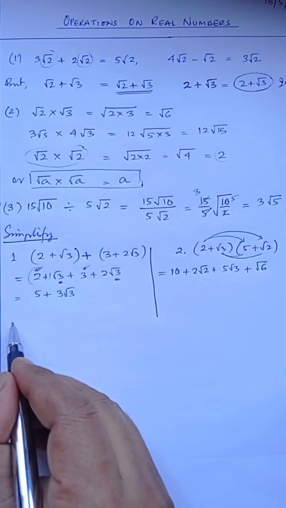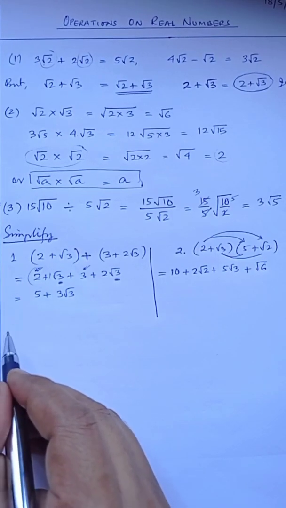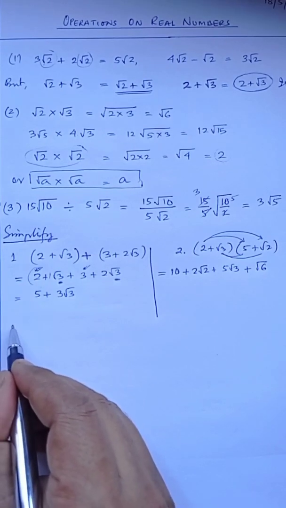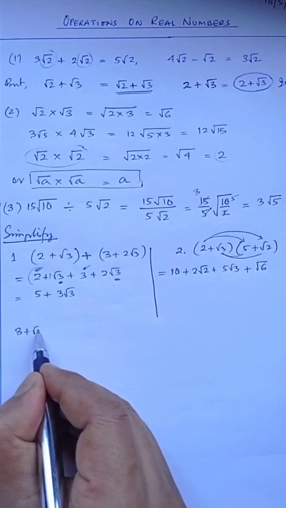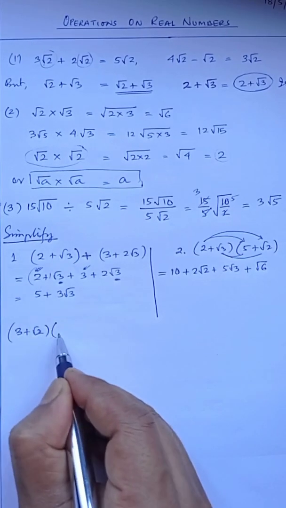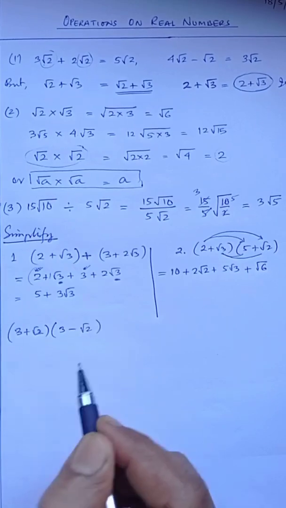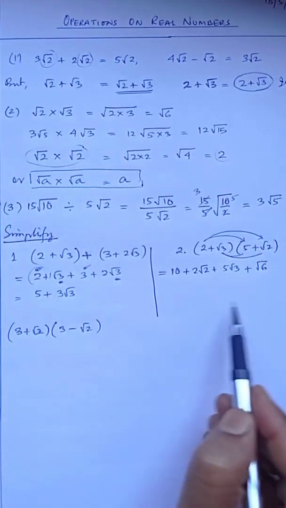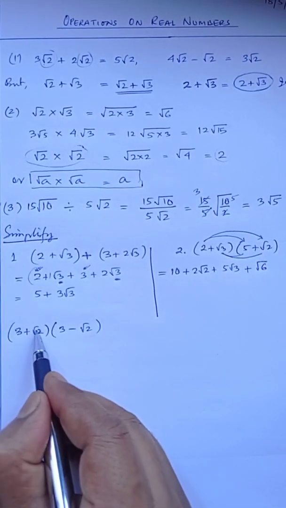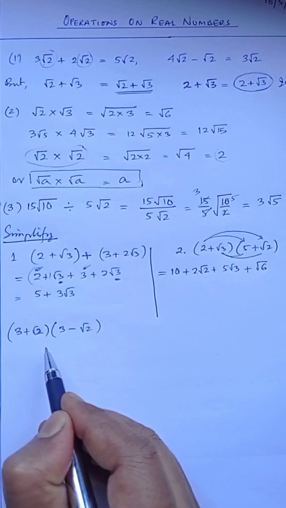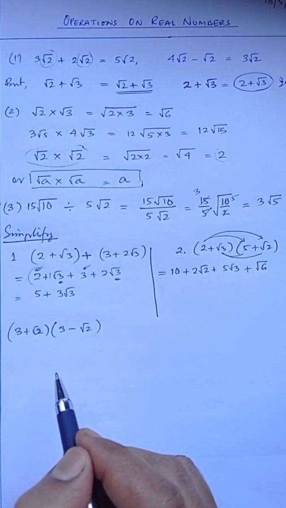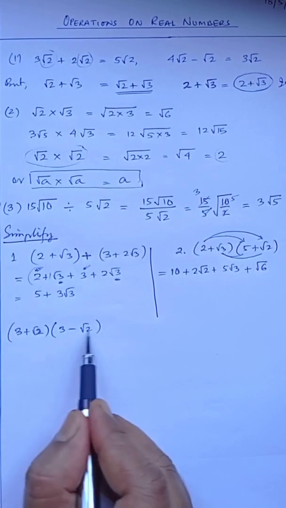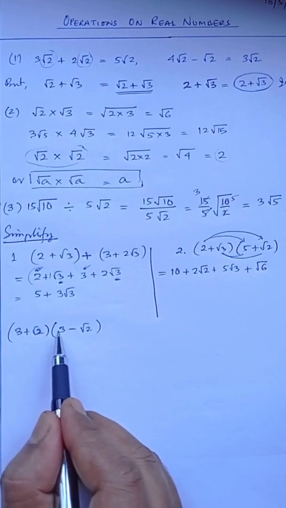What if the roots are of the same type? Like 3 plus root 2 and 3 minus root 2. Now if this is your question, if you solve it this way, it's going to take 2, 3 steps extra. In your previous class you have learned about the formula a square minus b square, right? So that is a plus b multiplied by a minus b. So this one is in that form, a plus b, the other one a minus b.